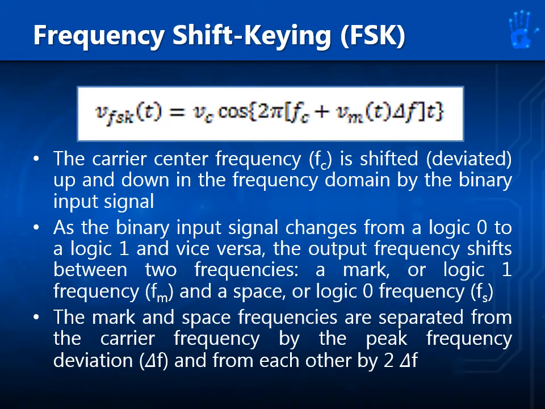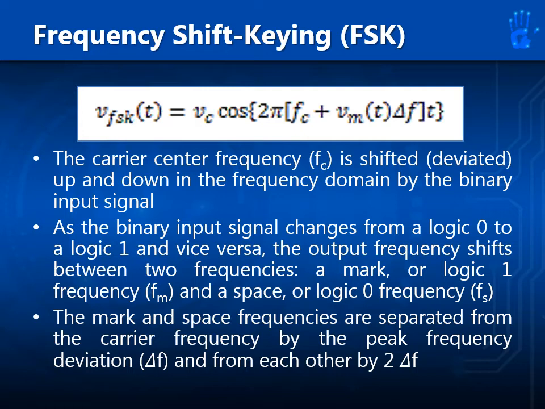This is the mathematical expression for the frequency shift keying. VFSK of t is our modulated signal of FSK. V sub c is the amplitude of the carrier voltage. The carrier center frequency, F sub c, is shifted or deviated up and down in the frequency domain by the binary input signal, or our digital signal.